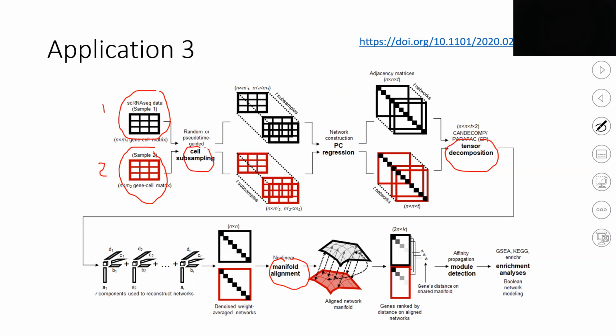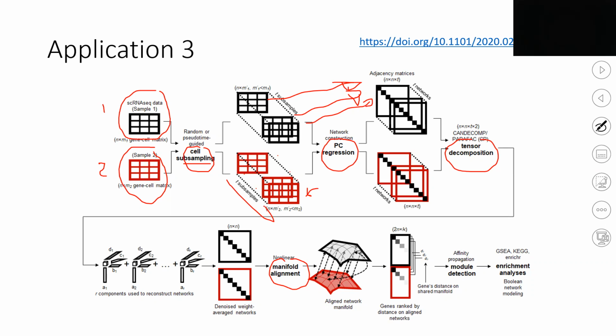Here we did cell subsampling to subsample cells and reconstruct those multiple subsamples. And we treat them independently to construct the network for each of the subsamples. The subsampling is a way you can control for some of the outlier cells or expression data points by averaging across subsamples at the end.